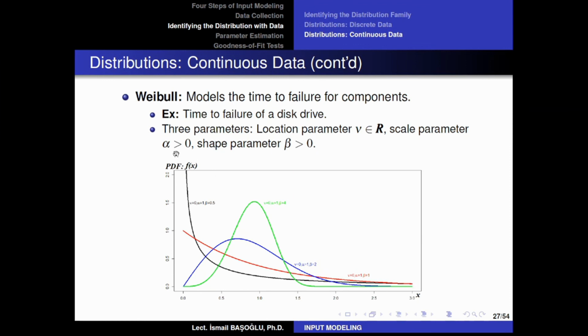And if the scale parameter is different, again you have the exponential distribution, which means the Weibull distribution also covers the exponential distribution. If you define the location parameter as 0 and the shape parameter as 1, whatever the scale parameter is, any positive value, you will always get an exponential random variable. So the Weibull distribution can also model the memoryless devices, because in a special parameter setting, it also has the memoryless property, just like the exponential distribution.